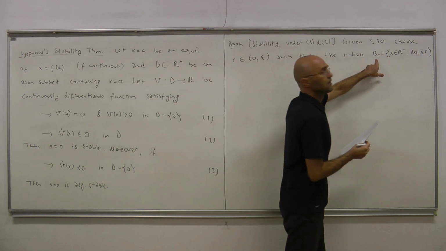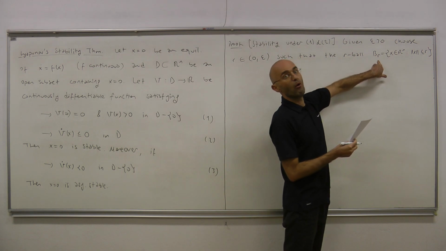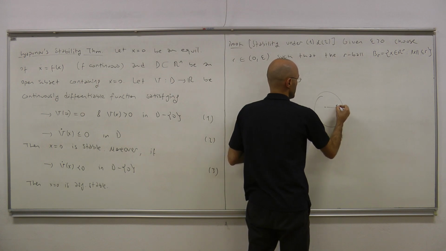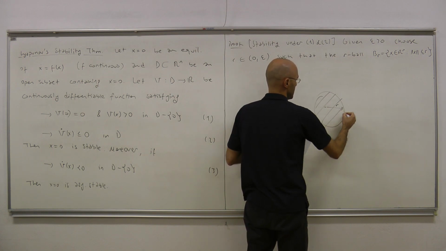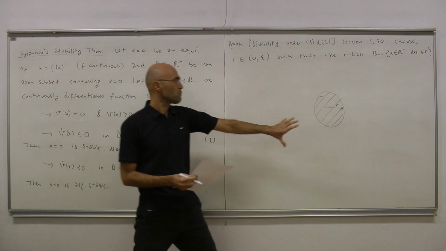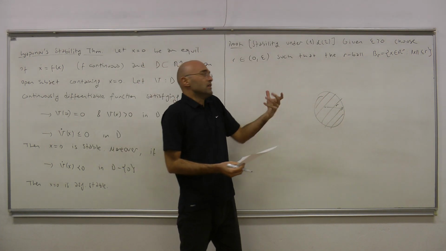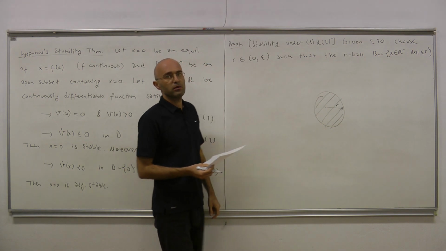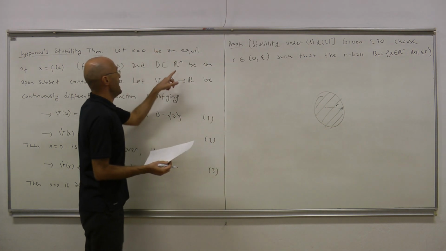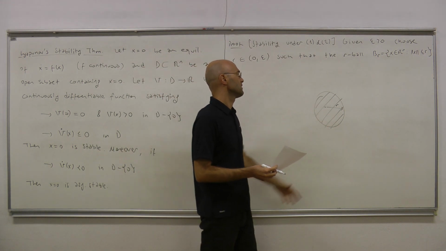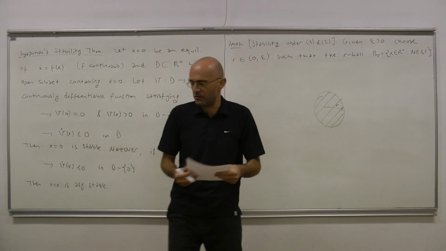So that's the notation that we introduced. This is called the R ball. This is the origin, and if this is the radius R, by the R ball we mean the set of points within that disk. Of course, the word disk is reserved for the plane; in R3 it would be a sphere, and in R4 a hypersphere.